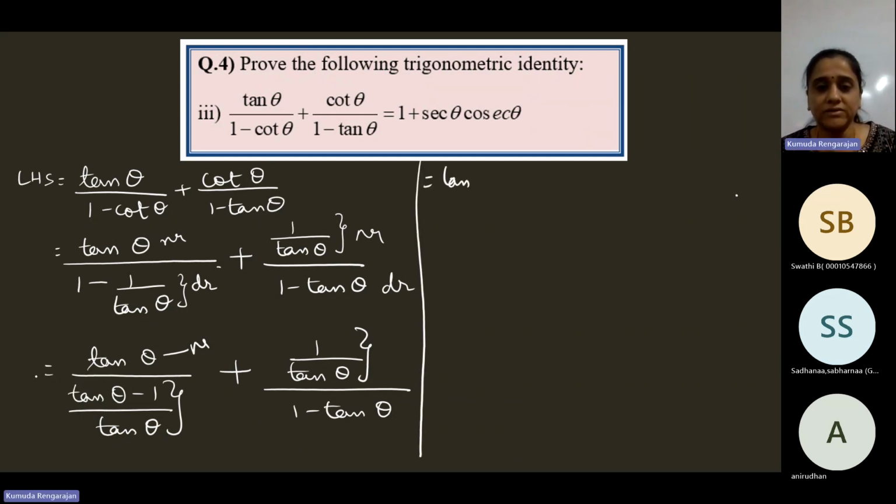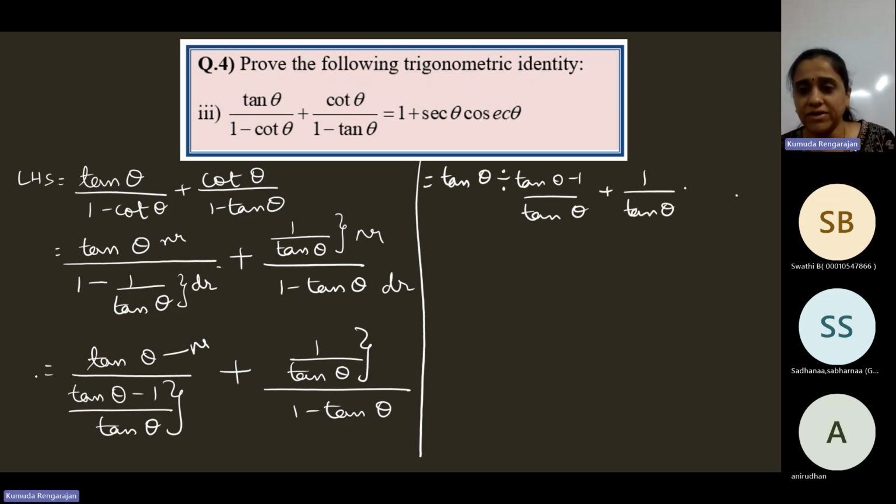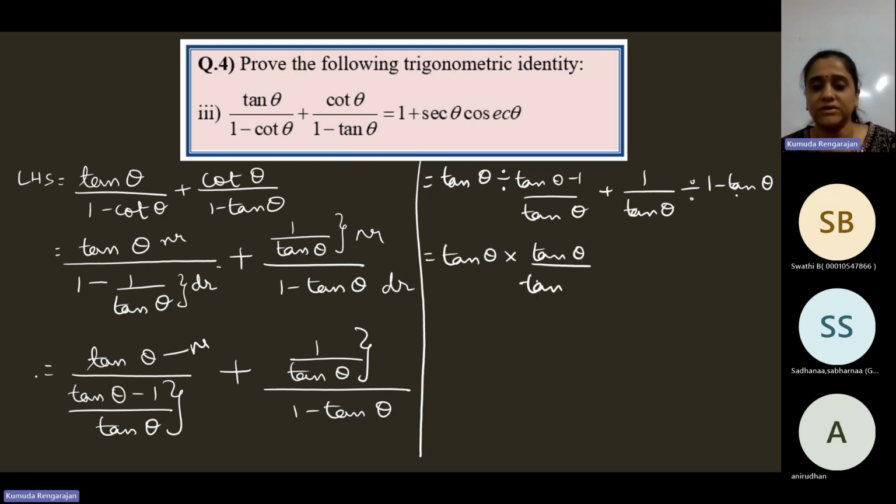This is the numerator tan theta divided by this is the denominator tan theta minus 1 by tan theta, plus this is the numerator divided by this one is the denominator. So next step, tan theta into tan theta by tan theta minus 1 plus 1 by tan theta into 1 by 1 minus tan theta.